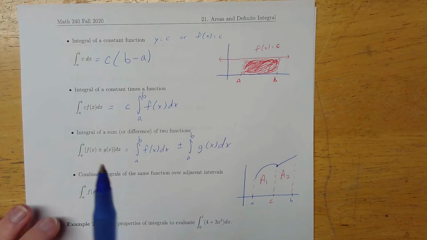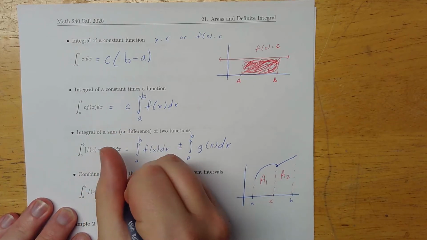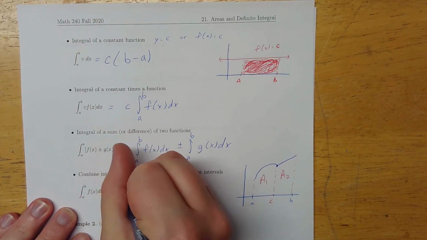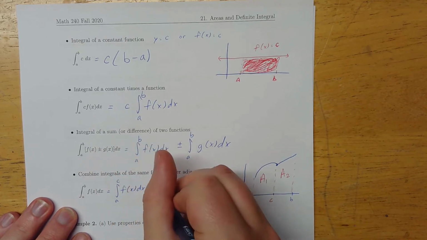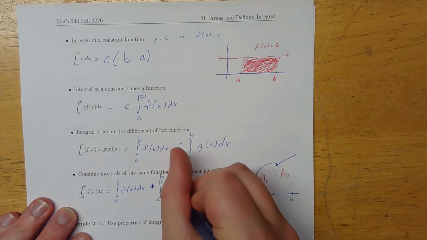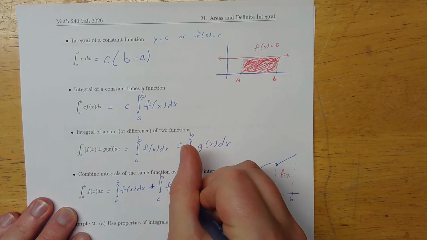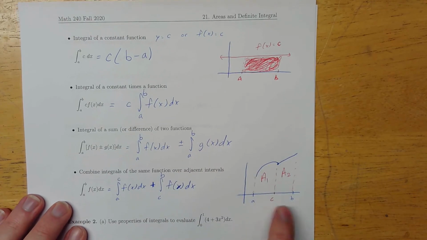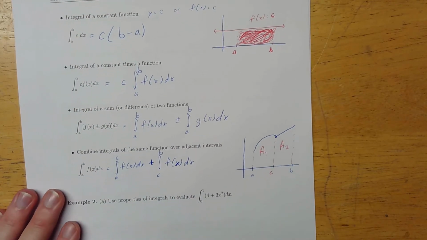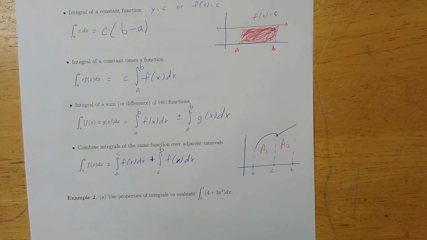Then we can say that this is the same as the integral from a to c of f of x dx plus the integral from c to b of f of x dx. Now notice where the c is here. It's a little bit of an odd place, but essentially you're going from here to here first, and then from here to here for the next part. And notice we kind of already did this when we figured out those parts where we had the area above and the area below.